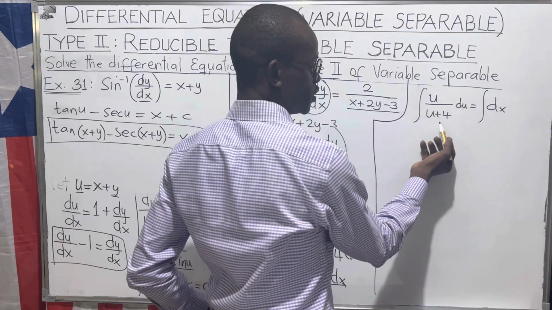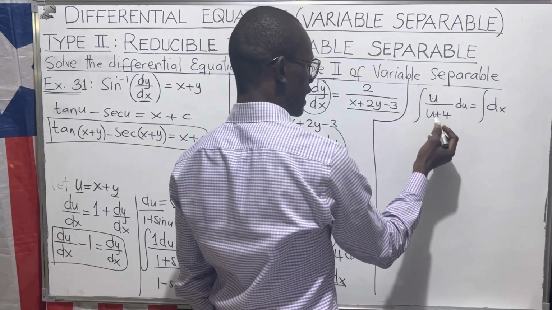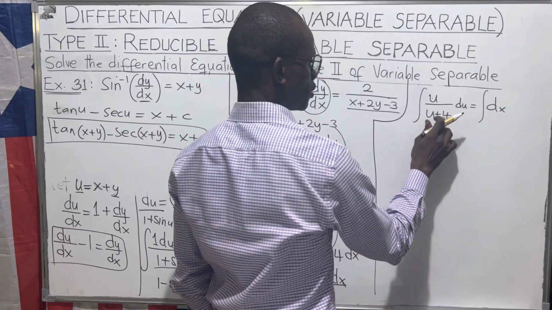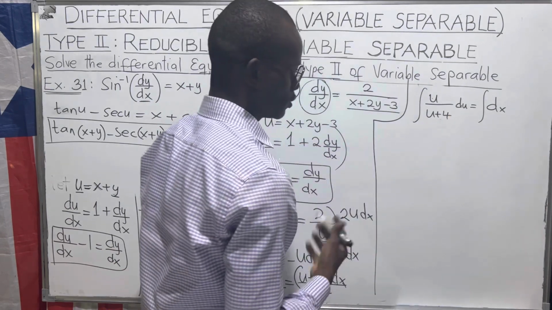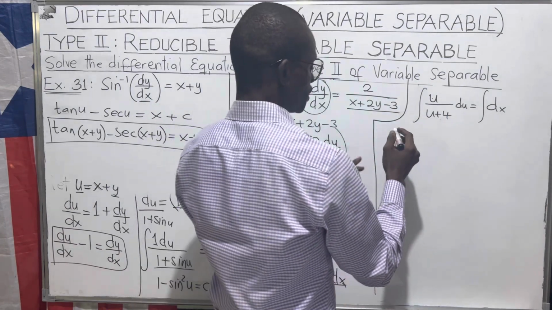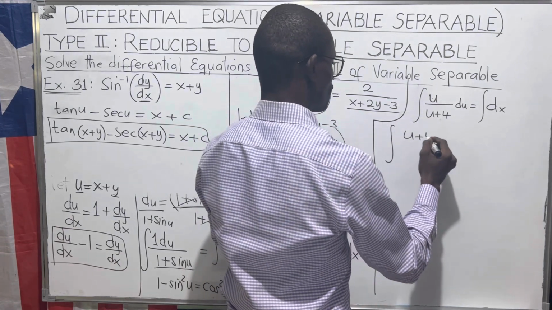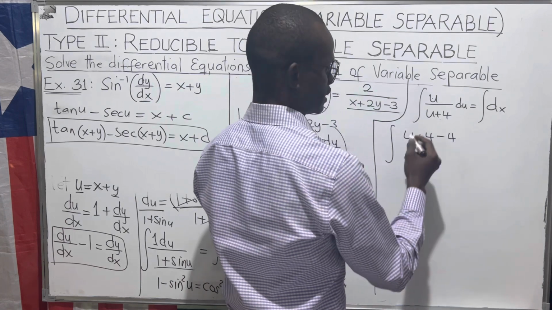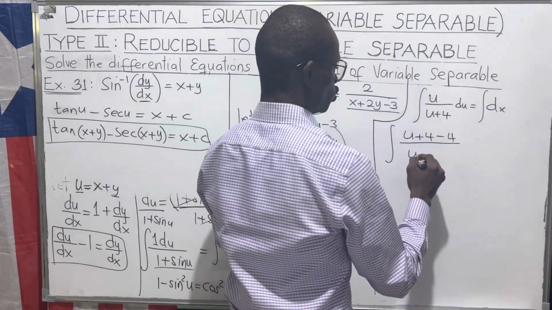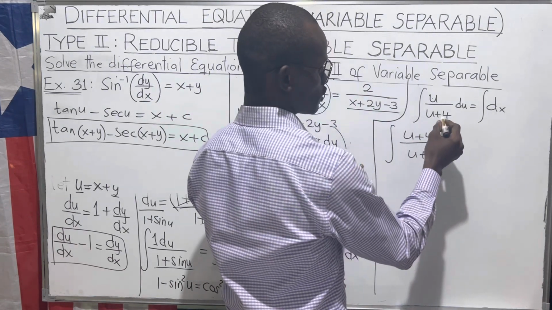So for this one, we can use the long division. We divide this by this expression. Or since we don't want to use the long division, we can bring in some trick. So we know that u plus 4 minus 4 is the same as u. Now I use 4 because 4 is in the denominator.